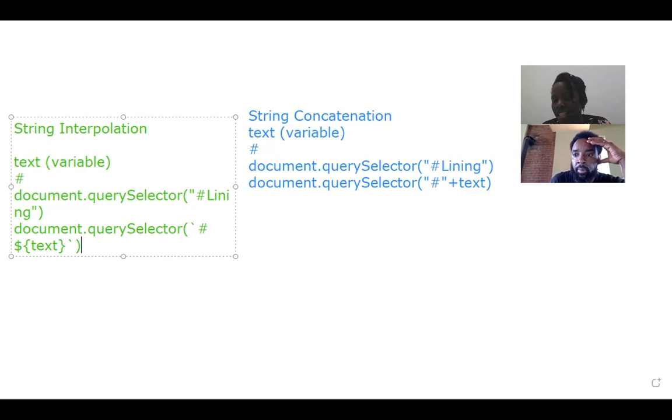So if it's not, say for instance, text was a number, say we had an input for a number, now we have to parse that into a string. If it's an integer, we got to change it before we can even use the plus sign. So this alleviates the need to force those data types to exist together.